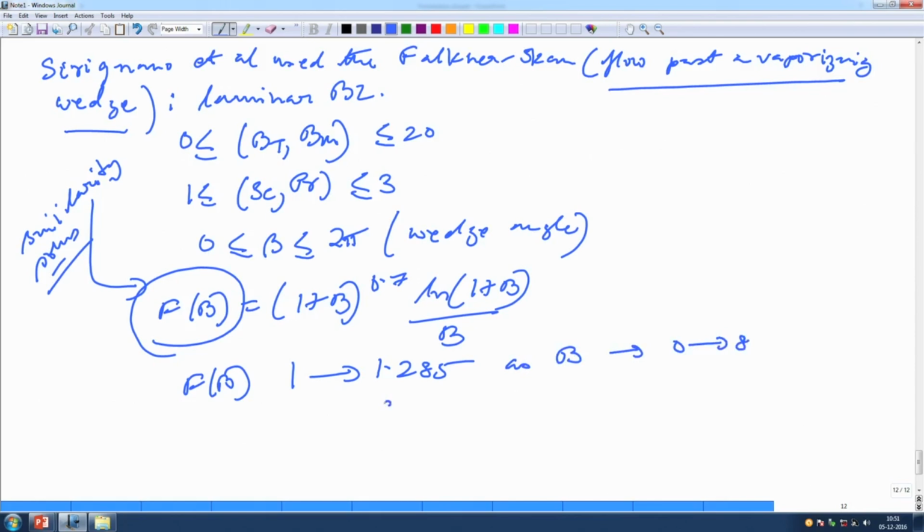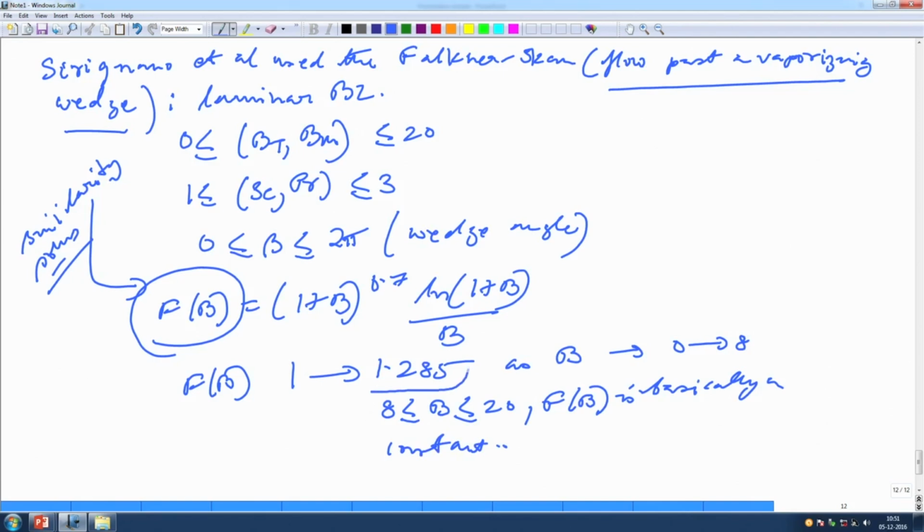And when B was within 8 to 20, this F(B) is basically a constant, it does not vary at all. This was an interesting observation.